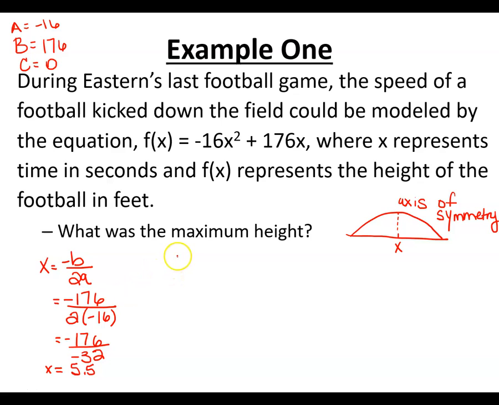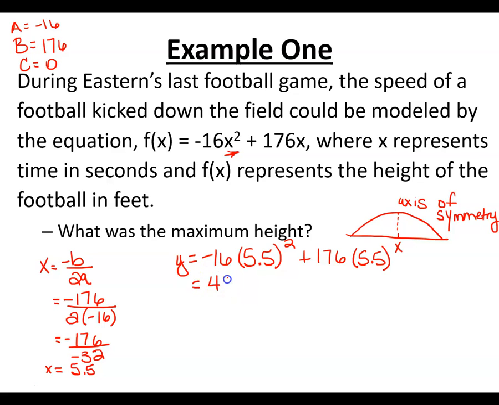Well, now we have an x value. We can use it to find our y value. Everywhere we see an x, again, we're going to put 5.5. So negative 16 times 5.5 squared, plus 176 times 5.5.